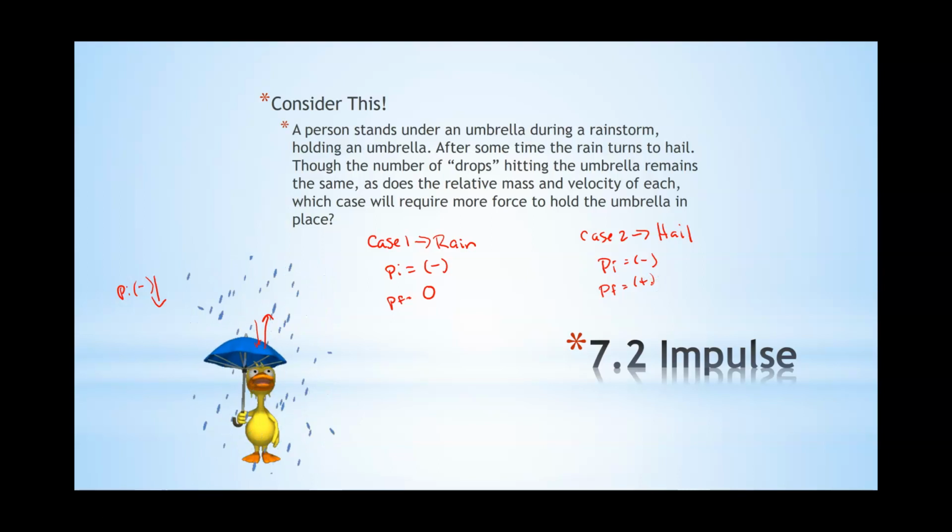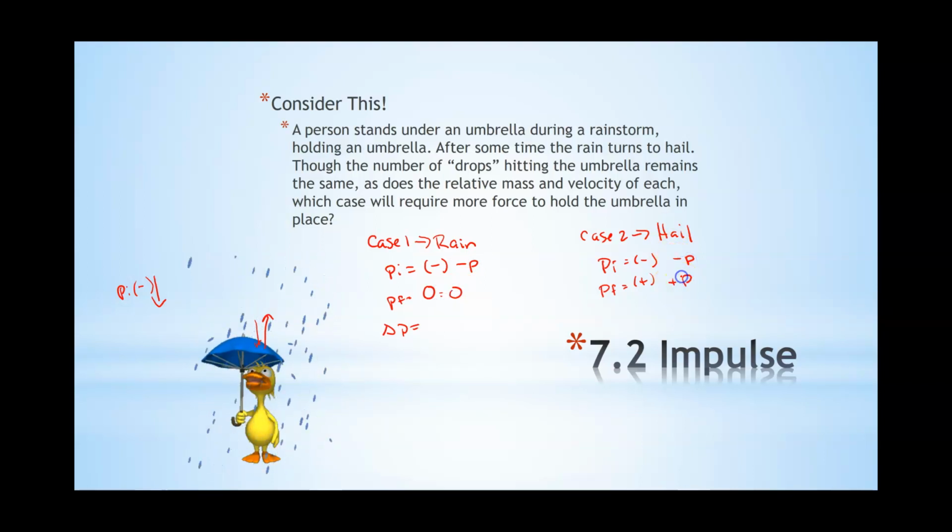So in both cases, we're going to go ahead and assume the time remains the same. Okay? So the force is going to be related to that relative change in momentum. So my initial momentum here is negative P. The final is 0. In the second case, the initial is negative P and the final is positive P. All right?